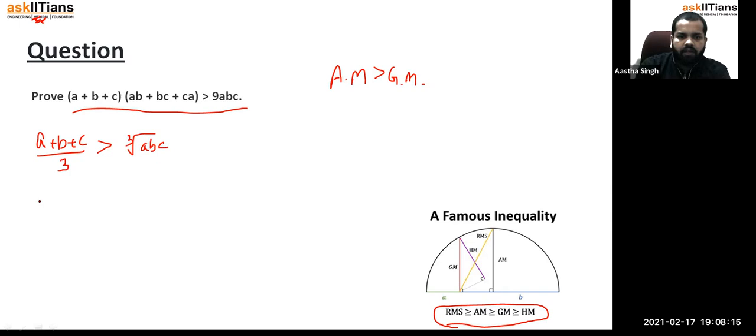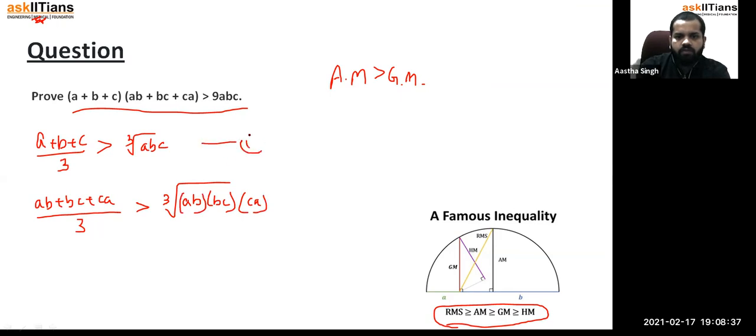If we take AB plus BC plus CA as three numbers, divided by 3, then this will be greater than or equal to the cube root of AB multiplied by BC multiplied by CA. This will be your first equation, and this will be your second equation.